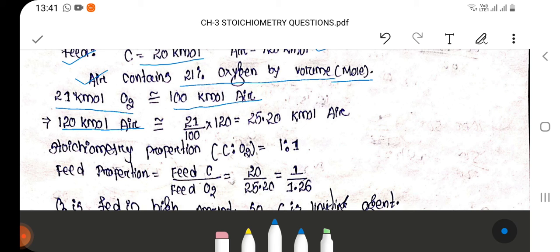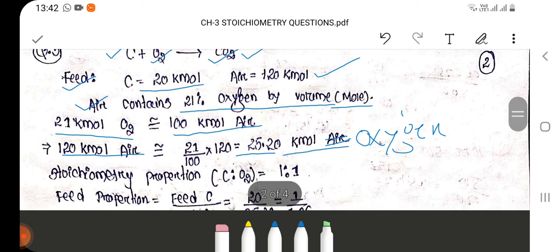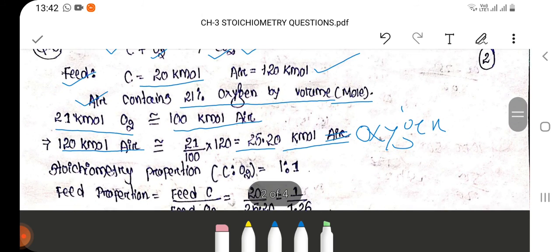That is 21 divided by 100 into 120, that is 25.20 kilomole of oxygen.